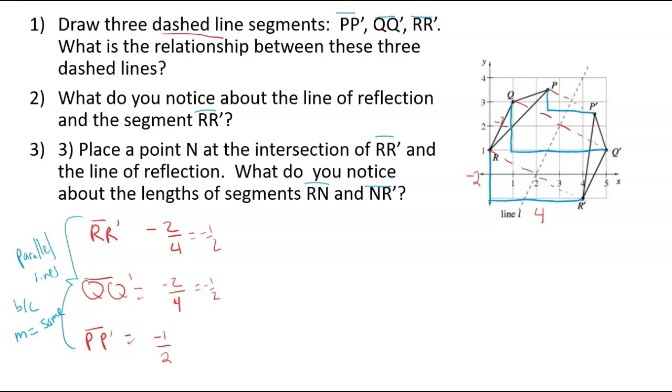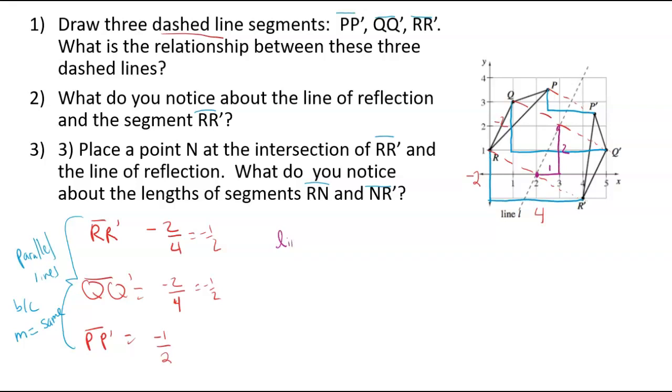Okay. Now, question number 2. It says, what do you notice about the line of reflection and the segment R to R prime? So let's look at the line of reflection. I'm going to change my color. I'm going to start here, and I'm going to go here. So this line of reflection, I am going to the right 1 and up 2.